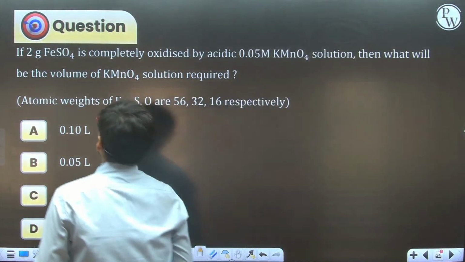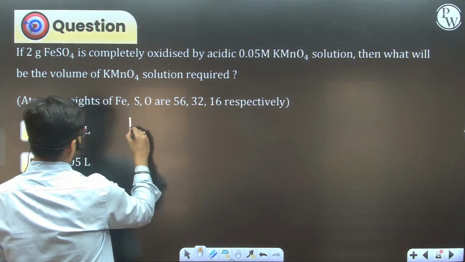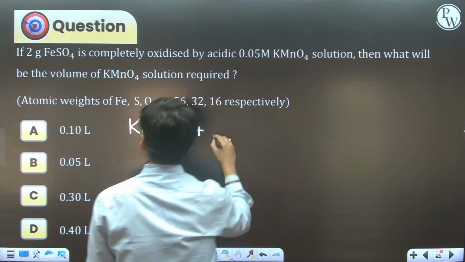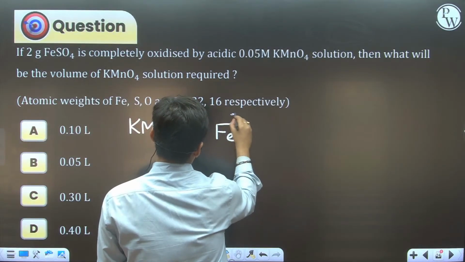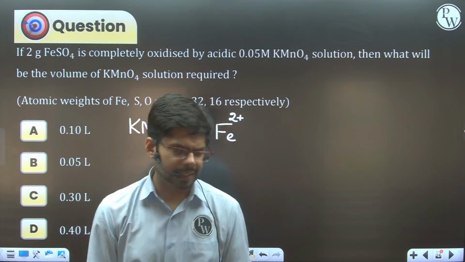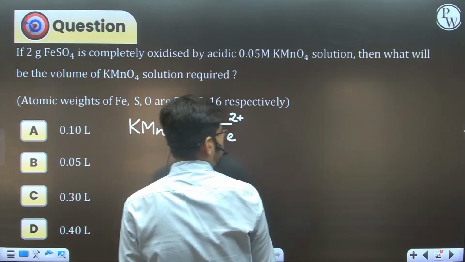Okay. So it's a redox reaction because KMnO4 is involved. So simply I will write KMnO4 is reacting with FeSO4. Now see, whenever FeSO4 is involved, you simply write Fe2 plus because SO4 2 minus does not get oxidized. So Fe2 plus is the active component taking part, and it is getting oxidized.